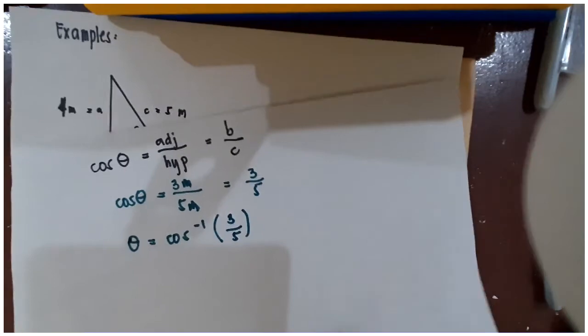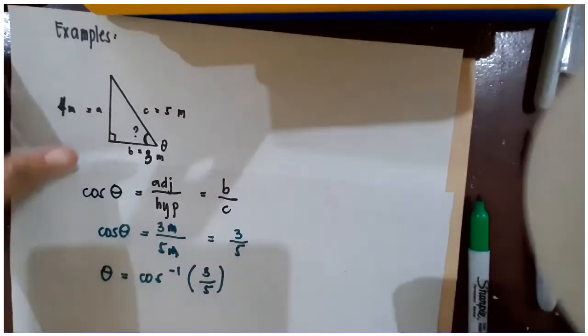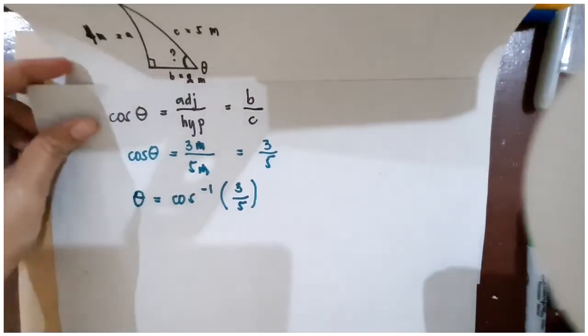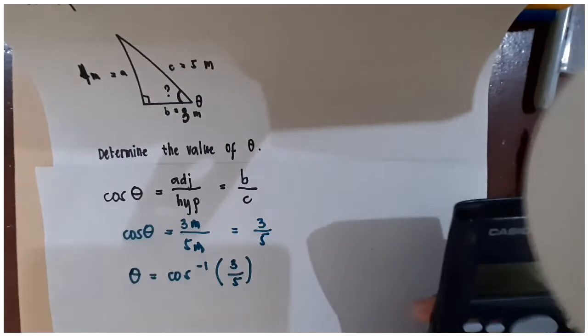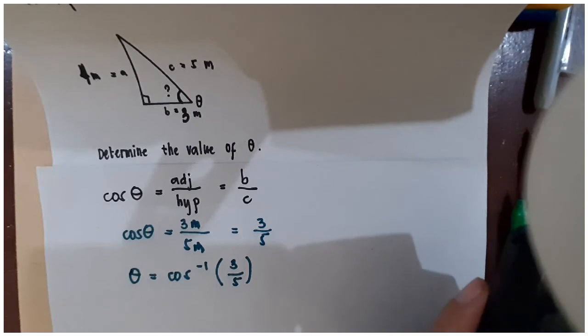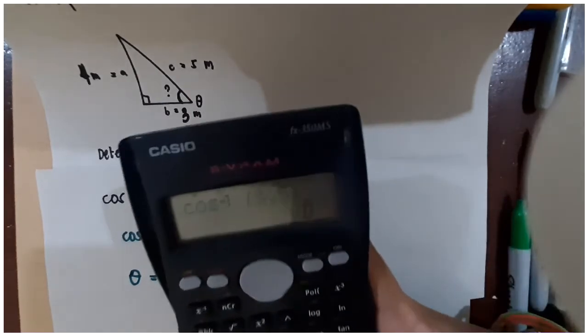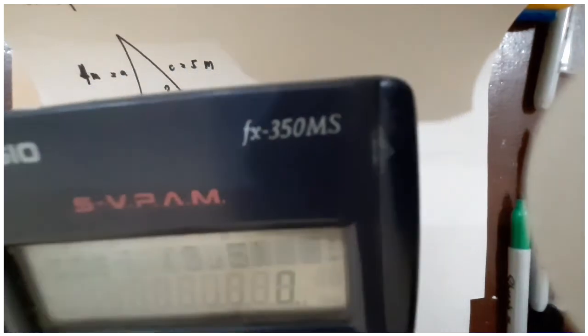So you try it. If you solve this in your calculator, inverse cosine 3 over 5. So this one. I think you can see. Can you see?